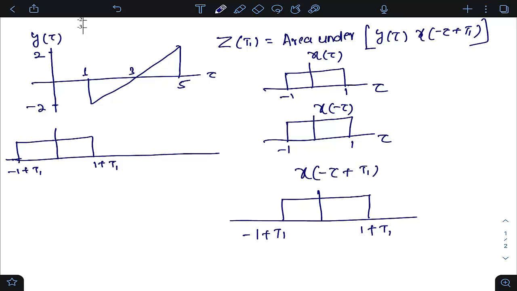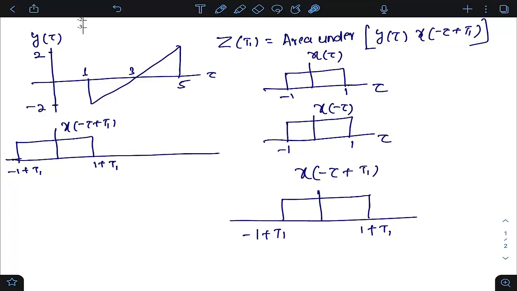Now you have the y(tau) waveform and the x(minus tau plus t1) waveform, and we need the area of the product of these two. If I make t1 equal to 0, this pulse will cover from minus 1 to 1. If you multiply this and this, you will get 0, because the area under 0 is anyway 0, as there is no area.